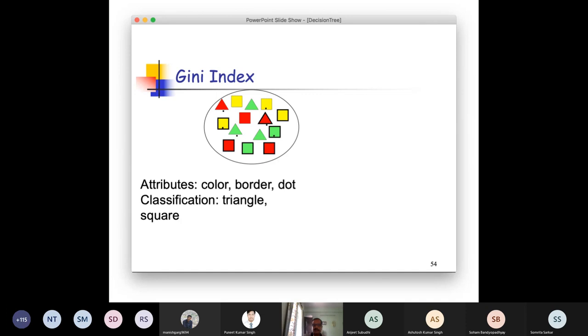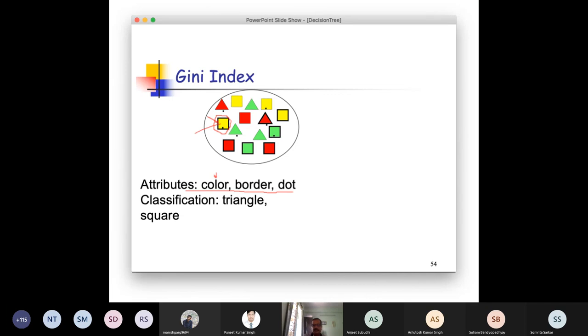Let me explain a little bit about this data. We are showing each example with 3 attributes: color, border, and dot. Consider each sample. Color is yellow, border is, it has a border.